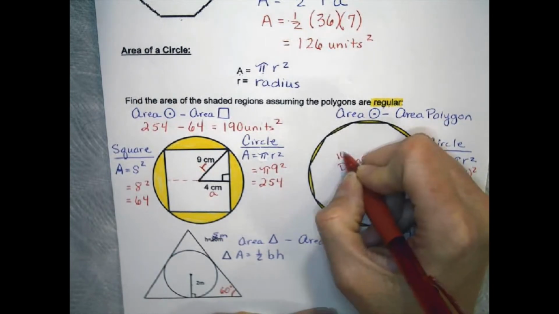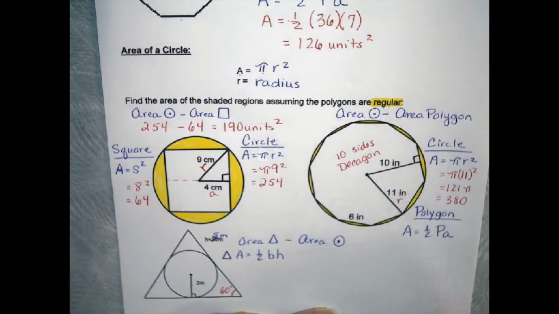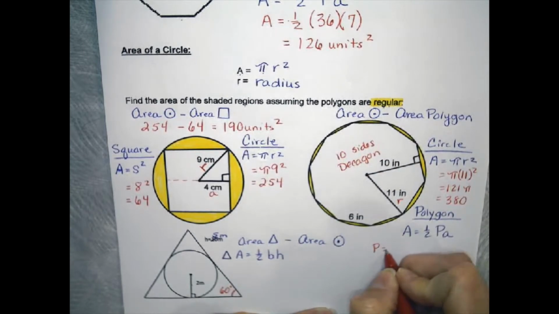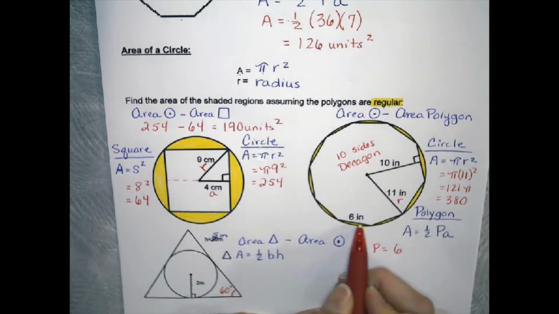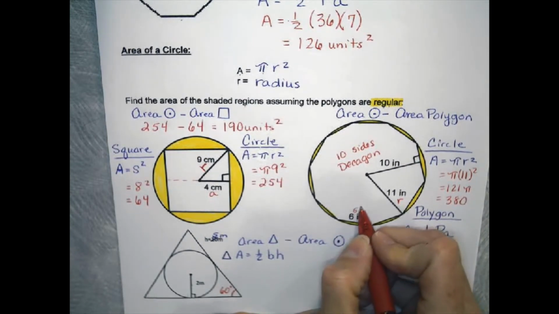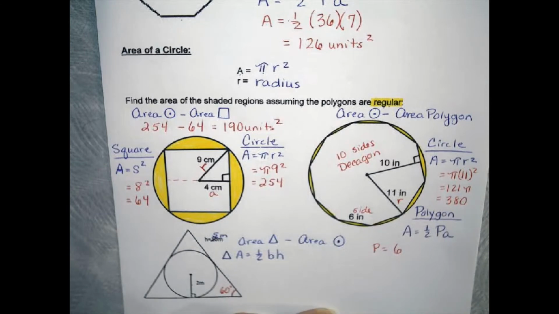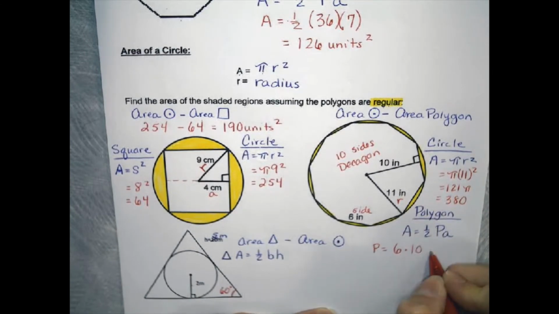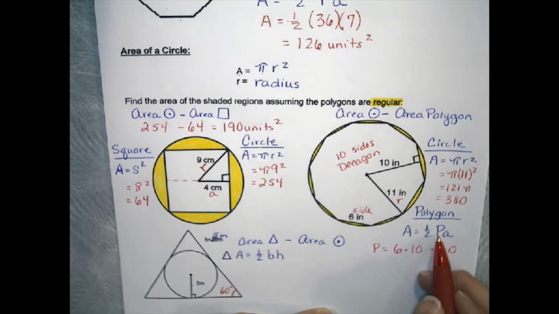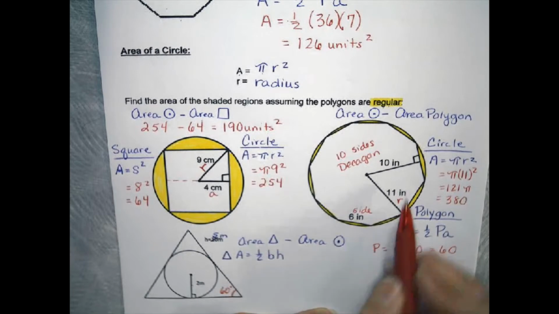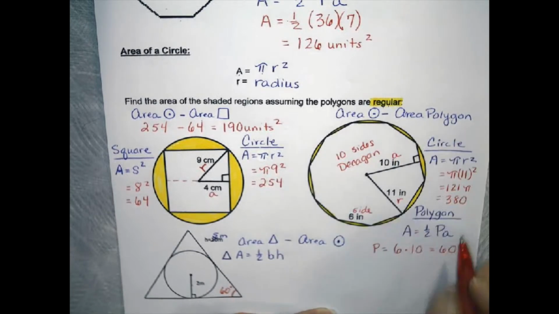So the perimeter will equal 6, because that's the length of each side. Notice here, this is the side length of the polygon, times 10 sides, which is 60. I'll plug P into the formula for area, and a over here is 10 inches, that's the apothem, which I will also substitute into the formula.